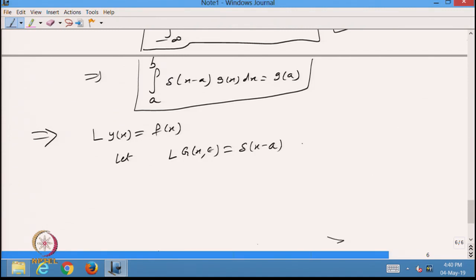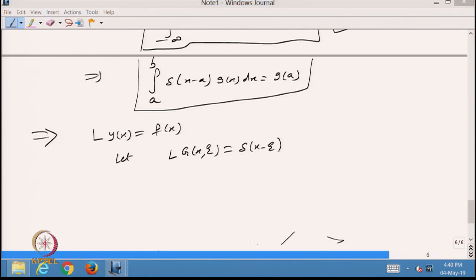Let us define this operator operating on the Green function g(x, epsilon), or instead of epsilon I can put xi, because we are dealing with xi here, and that is equal to the Dirac delta function, delta(x minus xi).